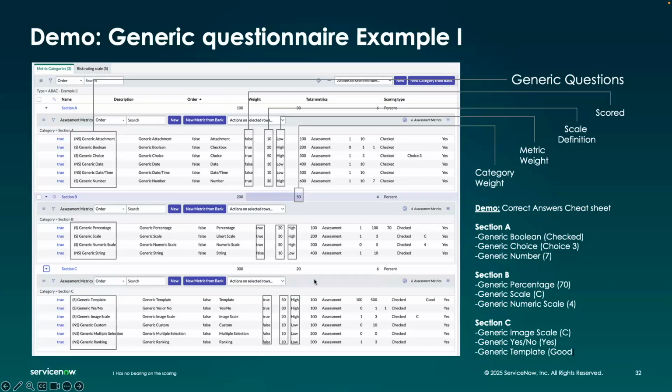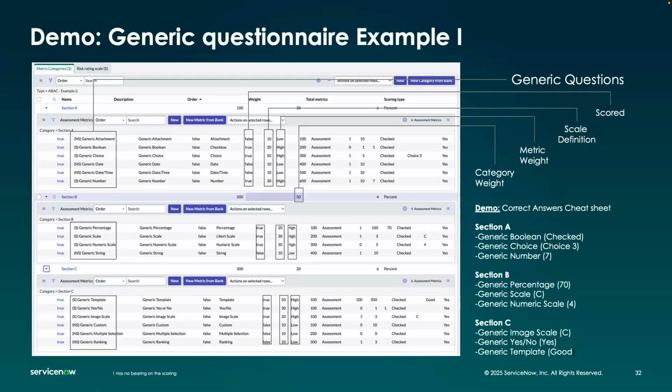As you may have noticed, this questionnaire is heavily configured with questions having scored attributes only. Those which are configured as scored equal to true are truly scoreable questions. Those which are marked as scored equal to false are, more generally speaking, not even scoreable. For example, date and time.